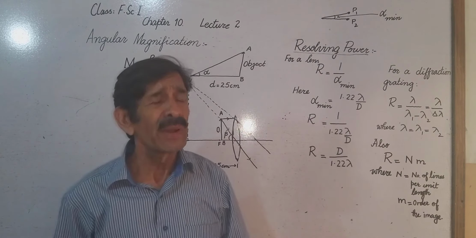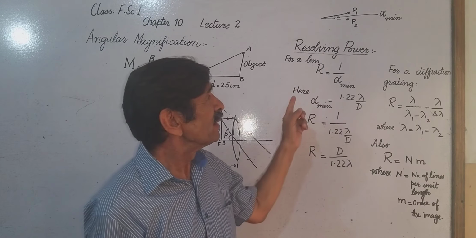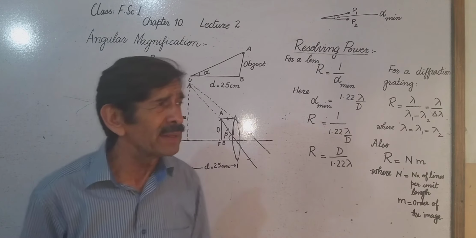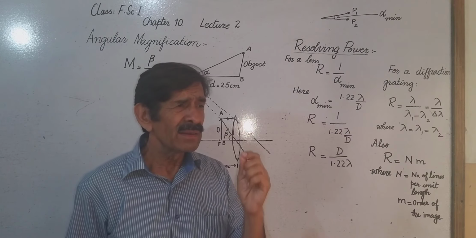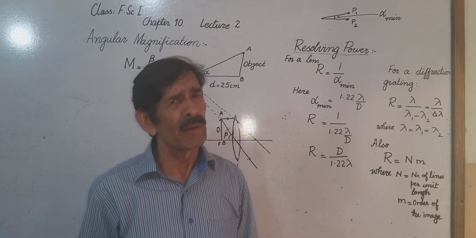Resolving power is defined as the ability of an optical instrument by which it can give the fine details of the object.